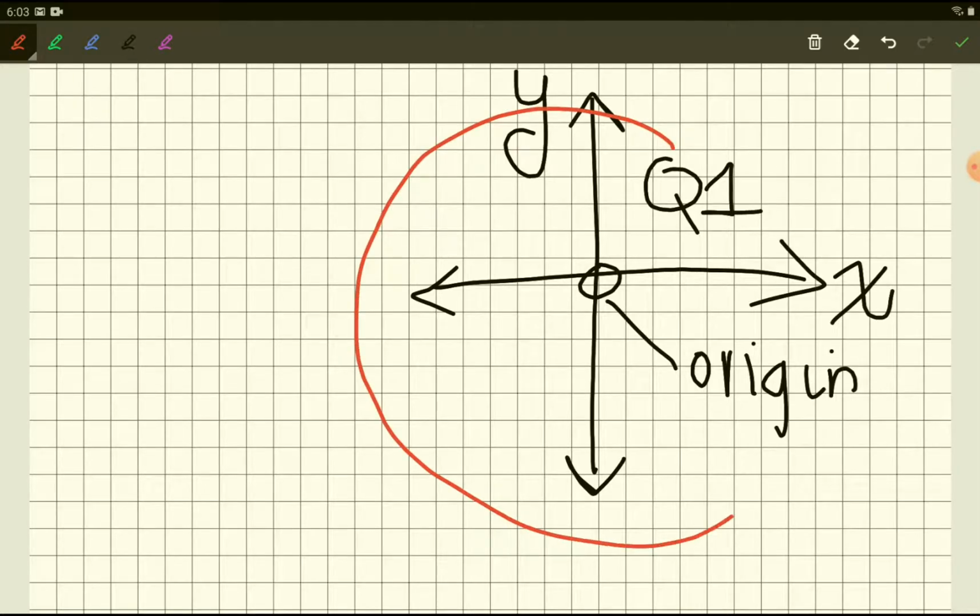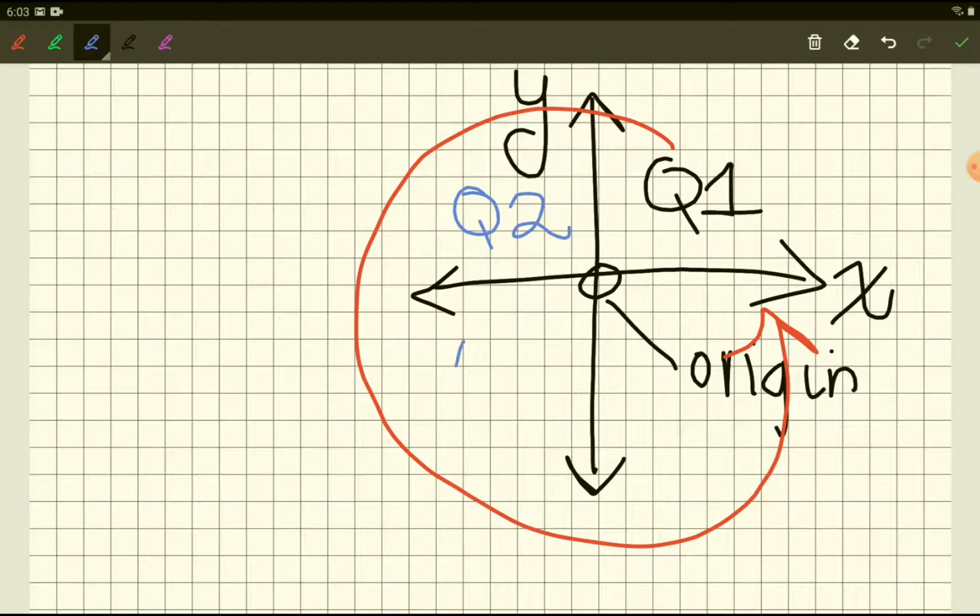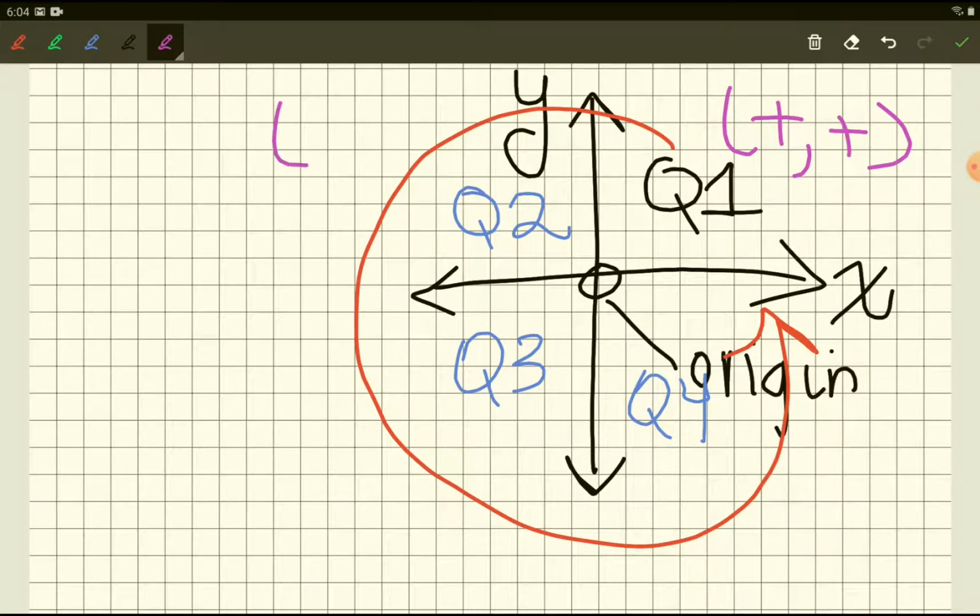It goes counterclockwise: second quadrant, third quadrant, fourth quadrant. Everything in the first is positive. That's negative, positive. That's negative, negative. And that's positive, negative. What else do I want you guys to know?